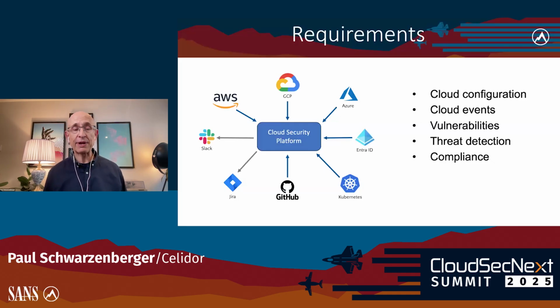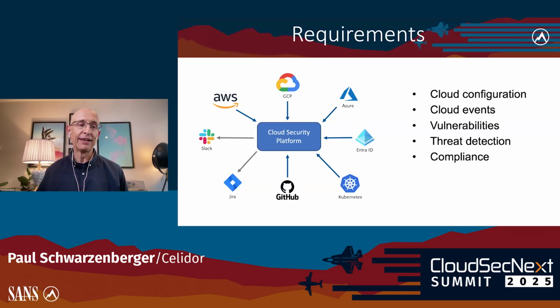But it's not just about the integrations. It's also about what type of events organizations are typically looking for now from these types of platform. So the first one is cloud configuration, or rather misconfiguration.